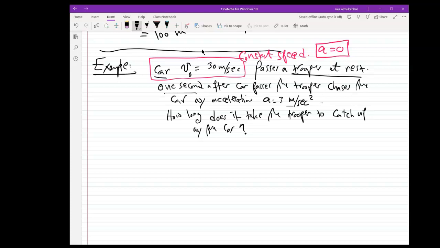So by the time the trooper begins to move, the car has already traveled for 1 second. The question is, how far did it travel until the trooper starts catching up with it? And that would be equal to what?